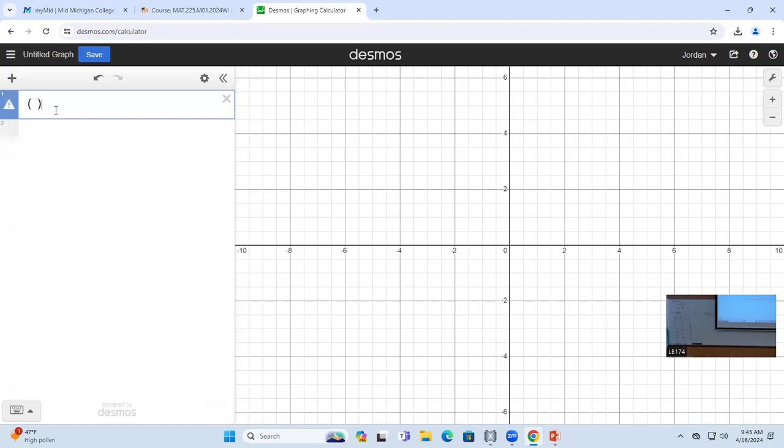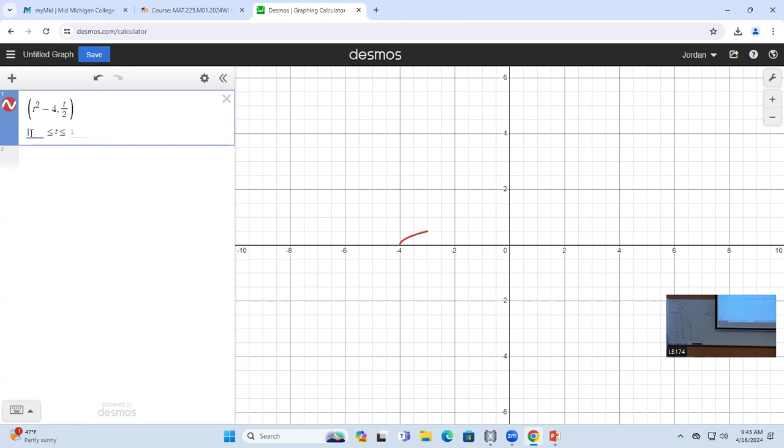What you do is you create a point, x comma y. And instead of the x, you put in the equation for t. And instead of y, you put in the equation for t. And then down here, it's going to say from what t starting value to what t ending value.